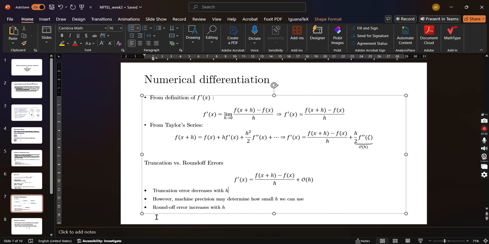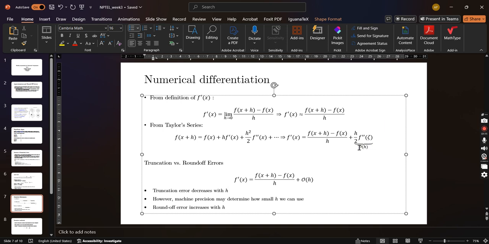And round off error increases with h. So the higher my h value is, the more is my round off error. If I try to plot this, we can see it over here.